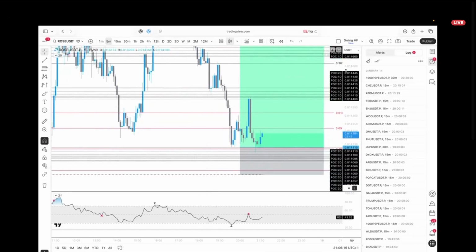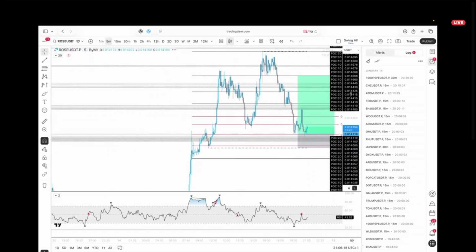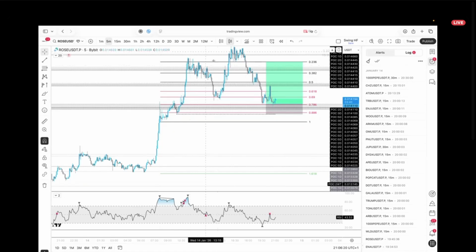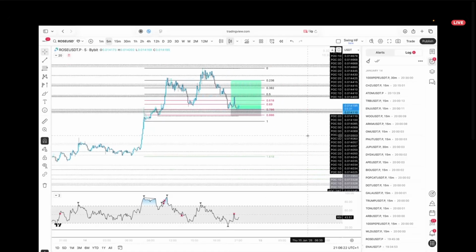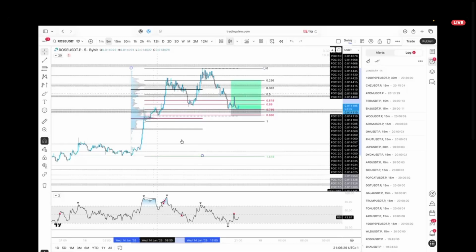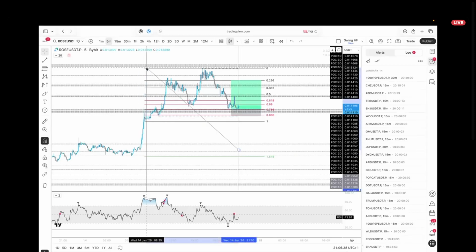Okay, so guys, we formed a range after this expansion, okay? What happens here? When we have this kind of formation, this is not the best example, but bear with me a moment. We formed this kind of P shape, okay? We should have a better one. And this is a shitty one.